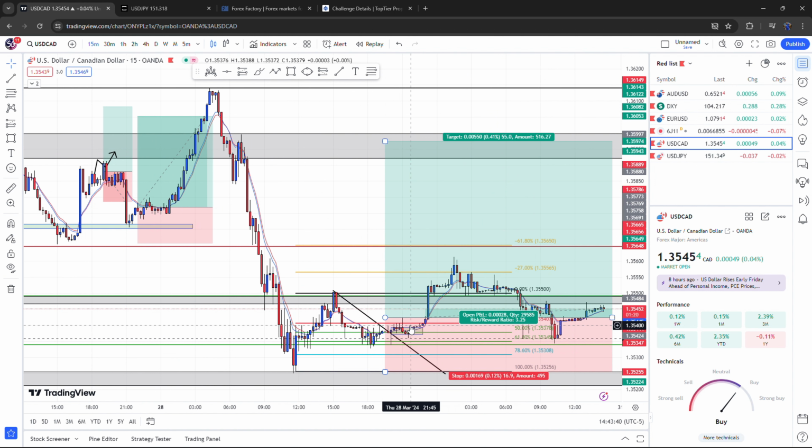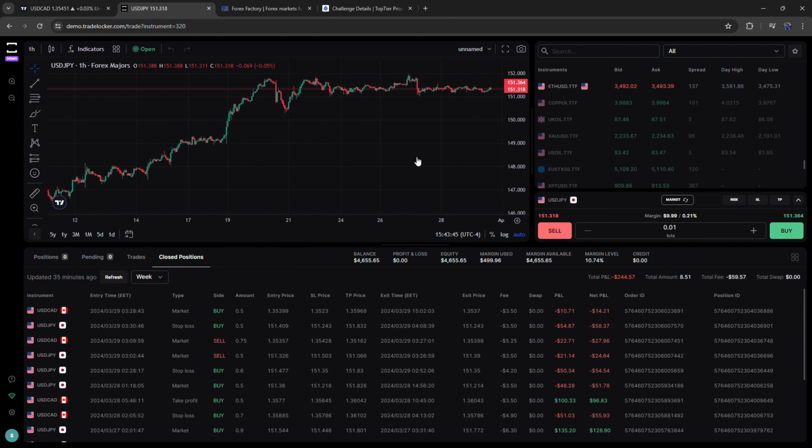And then I saw it just kept creeping up, and then I stopped myself out on that trade too, which could be seen right here, which I stopped myself out just because I wasn't thinking. I just took the sell immediately when I should have been looking for buys as I originally thought.